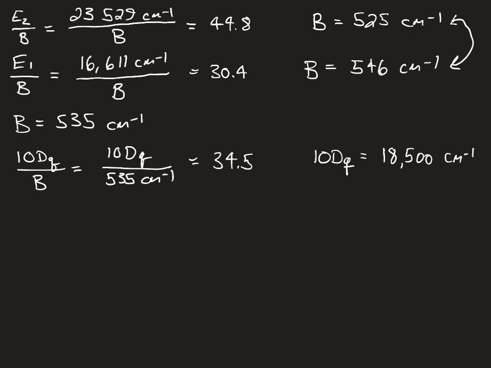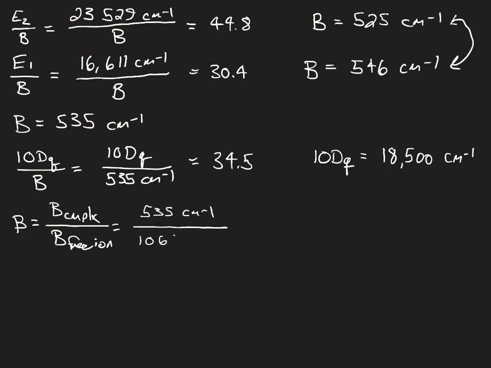We can go through and calculate the value for beta. So that's just the value of B that we calculated for the complex over the free ion, which is 535 wave numbers. The value of B for a free cobalt 3 ion is 1,065 wave numbers.